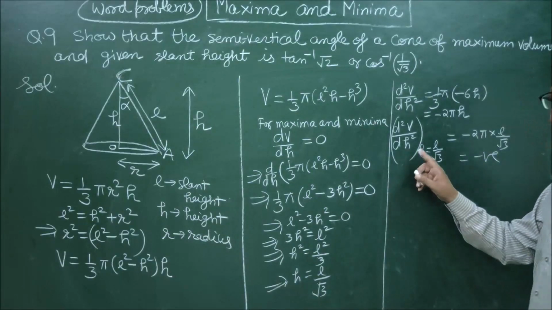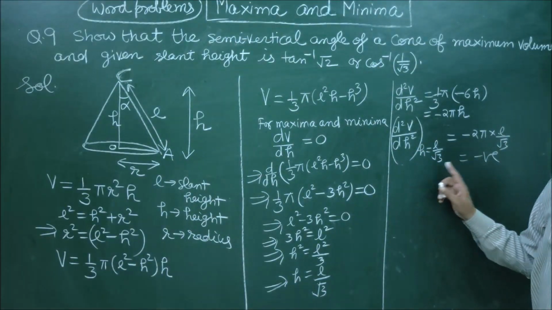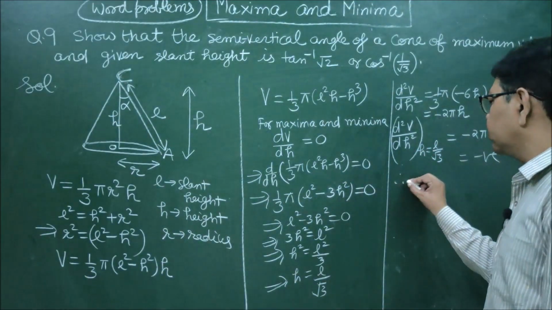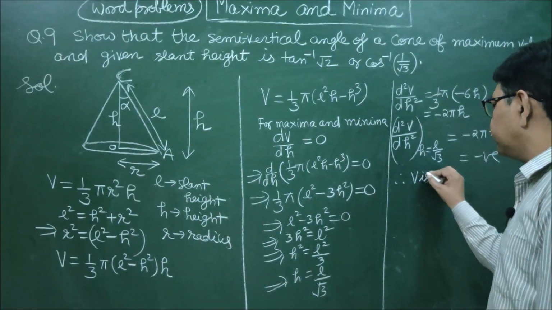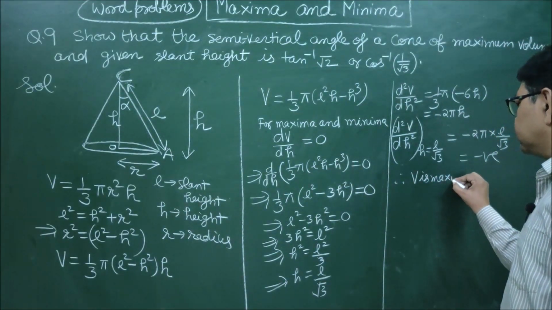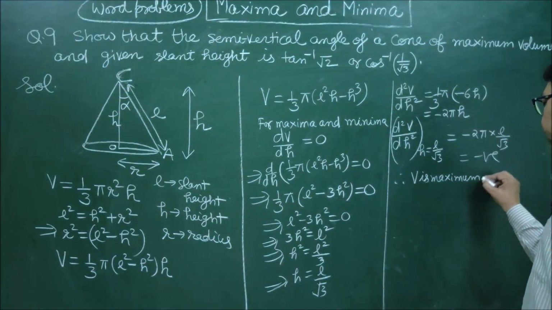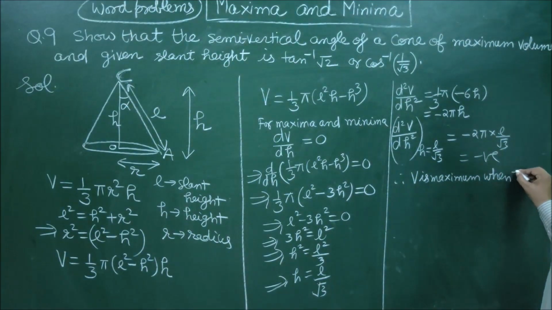It means the second derivative at this point is negative. Therefore, V is maximum when H is equal to L upon root 3.